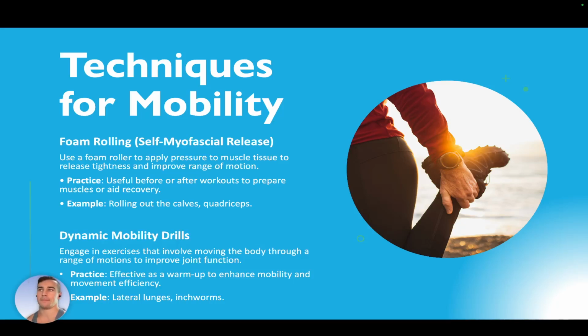Again, this can be 15 to 30 seconds, maybe even longer. The foam roller is another way you can integrate flexibility and mobility at the same time, because you're stretching that muscle while also allowing it to release the tightness at the same time.